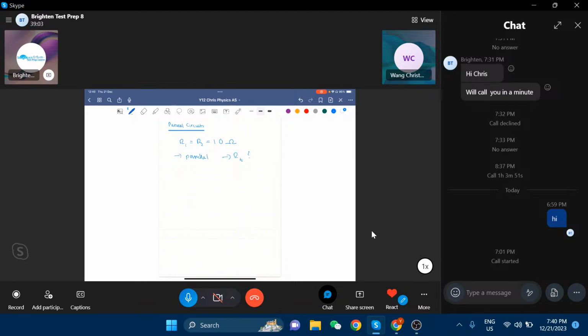That's fast. How did you do that, Chris? 1/10 plus 1/10, and then bracket it to the power of negative 1. Okay, so then you get 2/10, which obviously makes it 1/5, and you invert it. Exactly. And then you get 5 ohms. Very good.